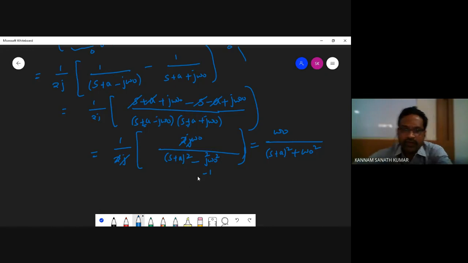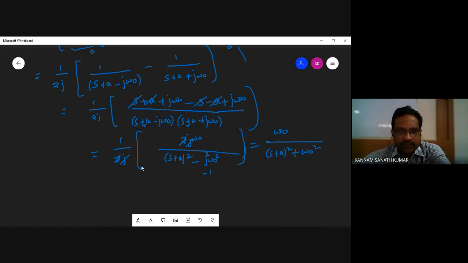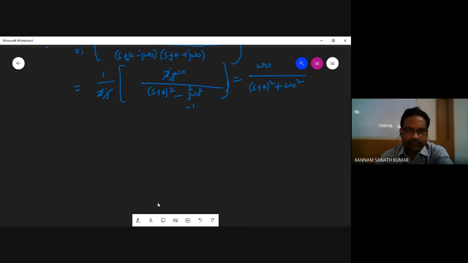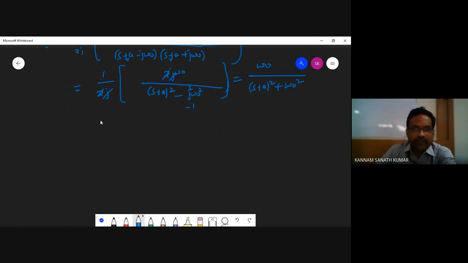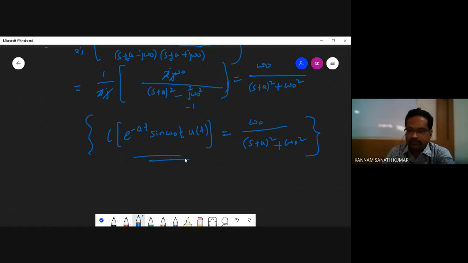So the Laplace transform of e power minus at into sine omega naught t into u of t equals omega naught divided by s plus a whole square plus omega naught square. This is the Laplace transform of this function.